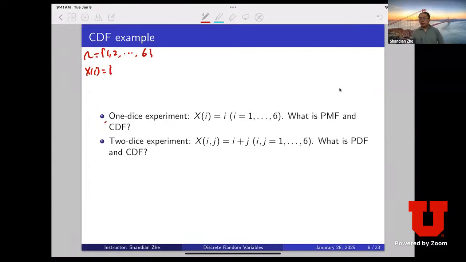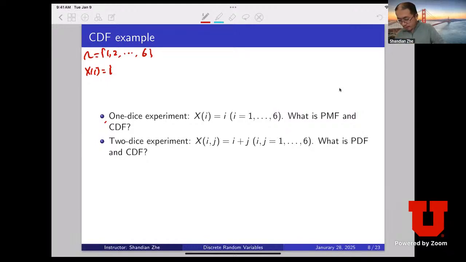Okay, so the first question: what is the probability mass function? How many non-zero values do we have for the probability mass function? How many non-zero values for the PMF? Just 6, right? Because you can only choose 6 possible values which map the original elements in the sample space.